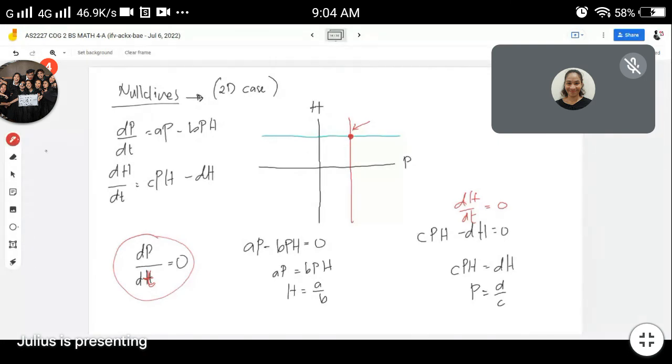Unsa may tawag na to ana if both of these are 0? Itawag ta na siya steady state. Okay? So ang kaning null lines, the intersection of null lines, kani mo na gitawag mga null lines. The intersection of null lines is actually a steady state.